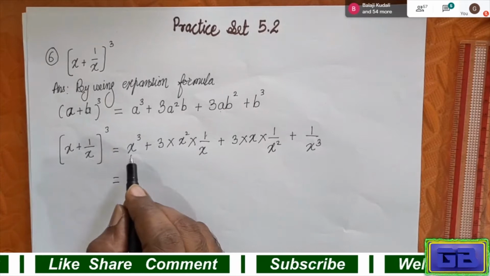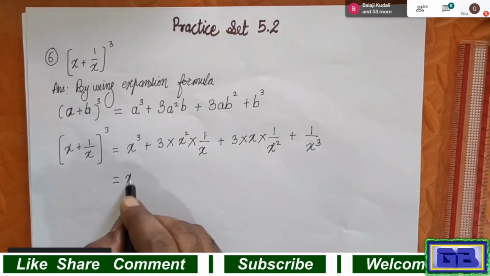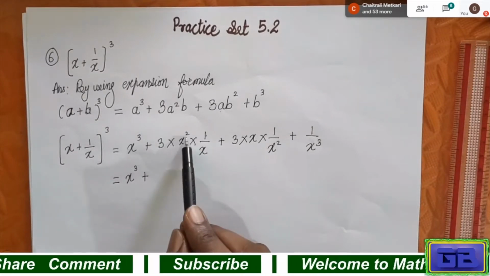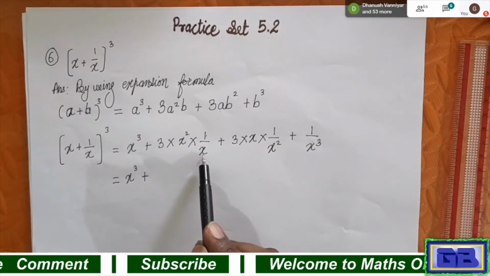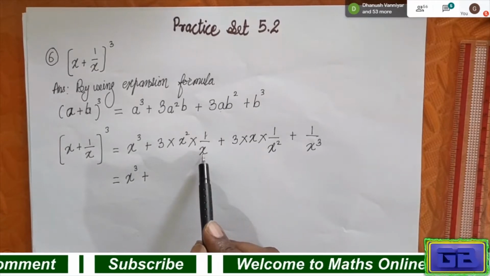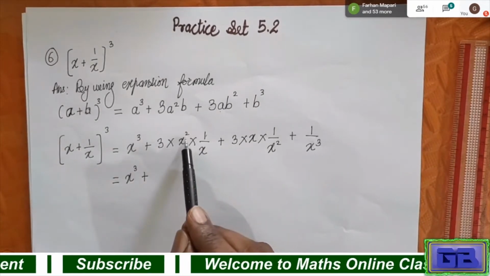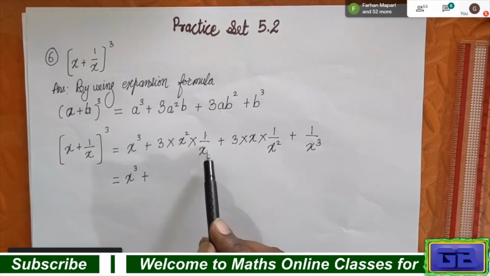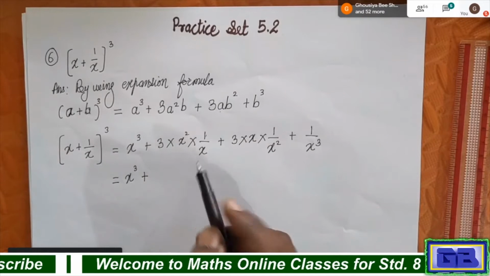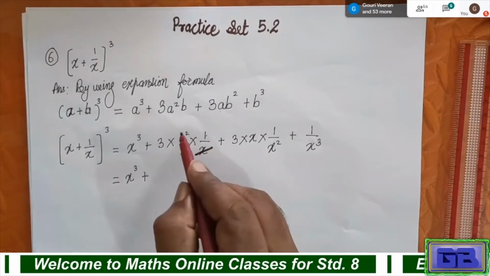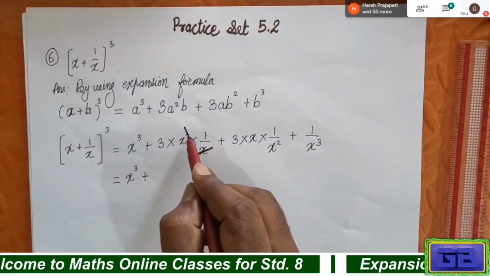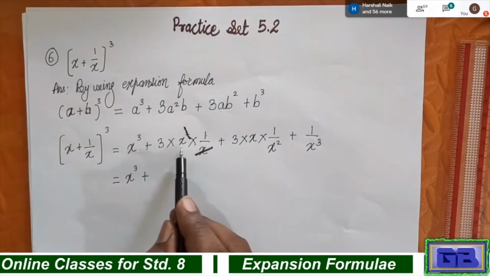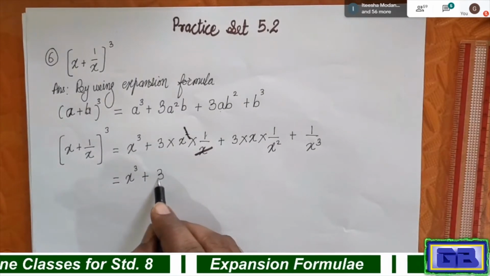Take this x cube as it is down, plus, now if you see here x square is there, here x is there, so we can reduce from there. X square means x into x, so one x will go and this x will go, so you can cut this x, and here only x is left. 3 into x becomes 3x, plus.